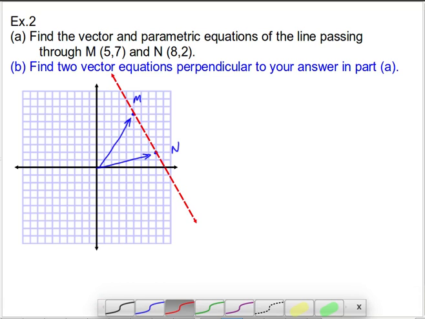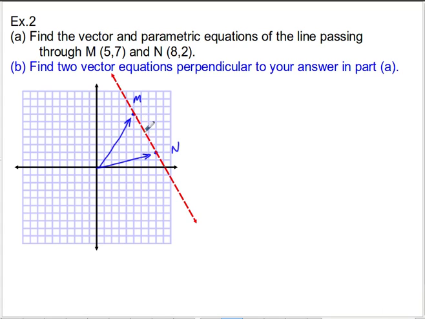And so what I actually need is my direction vector. My direction vector is the vector between M and N. Now, my direction vector could be vector MN, or I could set my direction vector equal to vector NM. Both of those would be fine. I'll just go alphabetically, and so I'm going to use this one.